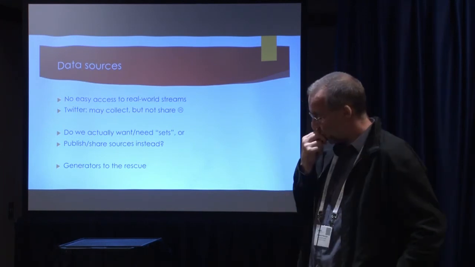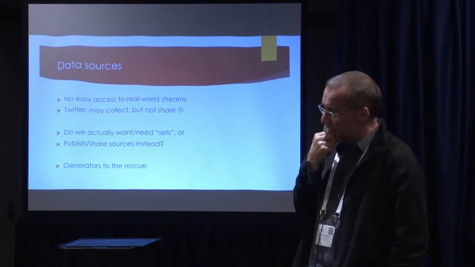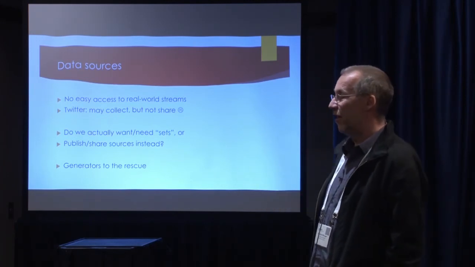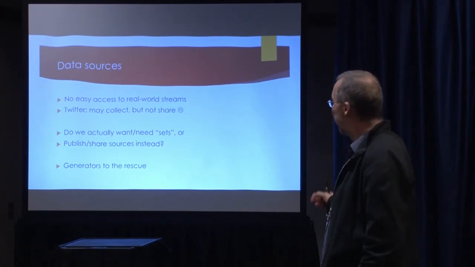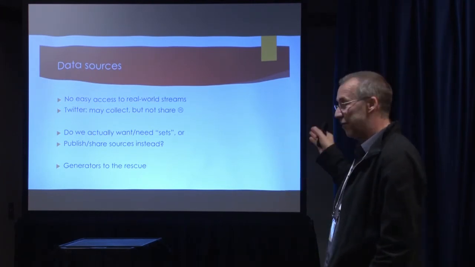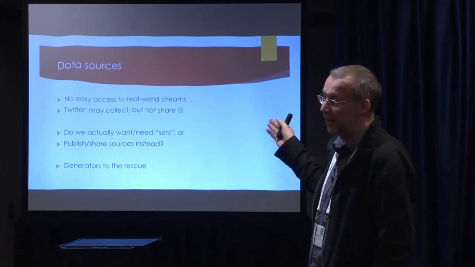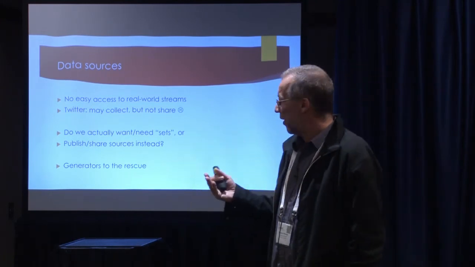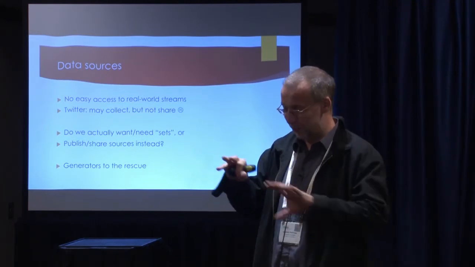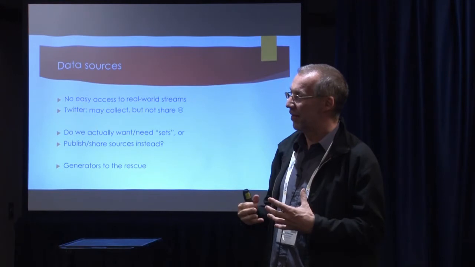But the other question is actually whether we really want pre-canned data sets like a UCI archive, or whether it would be more appropriate in this area just to have a listing of sources, like the rain radar that I mentioned. That one was New Zealand, but as far as I know, at least in the OECD area, every country, and often it's broken down to much smaller levels, you get rain radar.